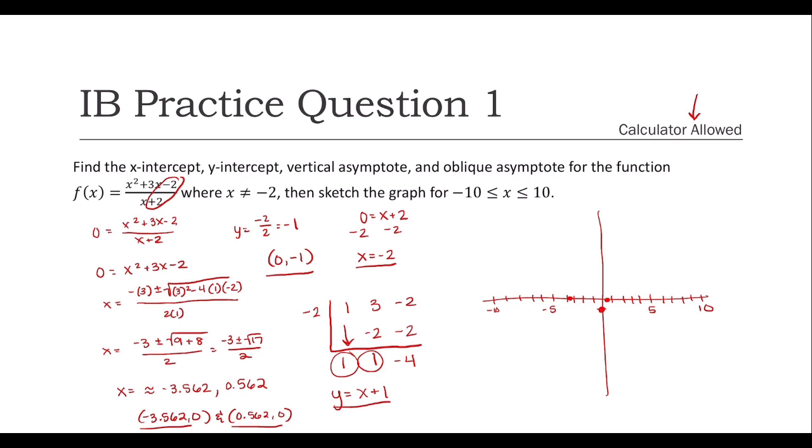We have a vertical asymptote at x equals negative 2, and an oblique asymptote at y equals x plus 1. So at 1, we'll put a point, and we'll draw our asymptote through there.